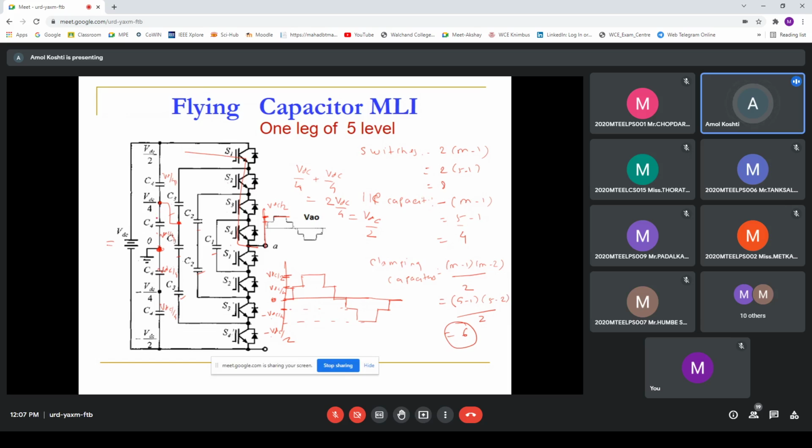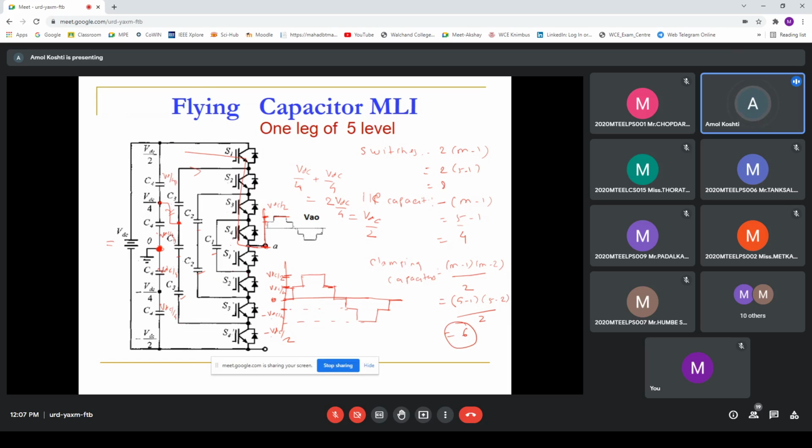So how does it happen? From C4, the current will flow in this way, come to S2, S3, S4, to load A. After S4, it will flow to point A. In between A and O there is a load, and again it will be closed here. Now only C4, meaning VDC by 4, will appear. In this way VDC by 4 will be produced here.